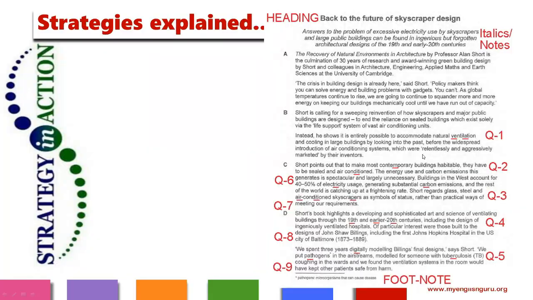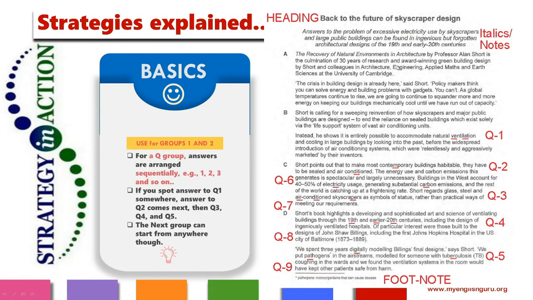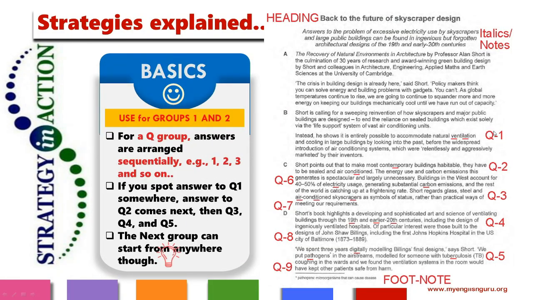Let's just see an example. As you can see here, question number 1 is found here. This is just an example, it's not the real answers here. And then second here, third here, fourth here, fifth here. Now you can say, hey, why is 6 there? Because 1 to 5 is in one group of questions.